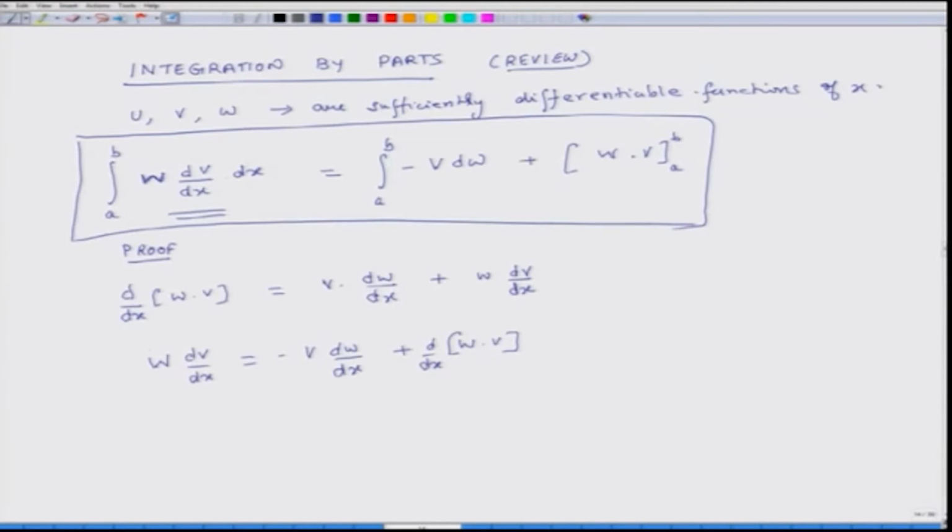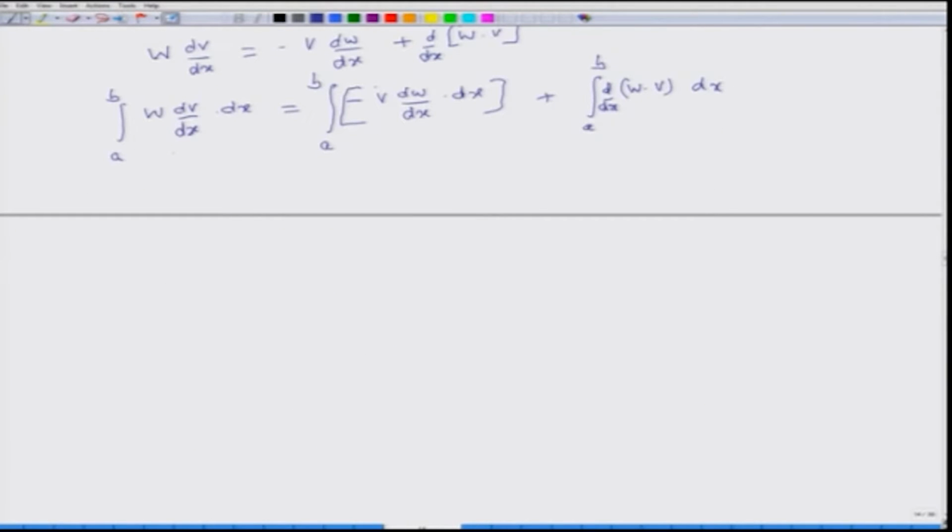Now, what I do is I integrate. So, now I integrate this equation over limits a to b, and this is equal to minus v dw over dx plus integral of wv. So now I continue this.